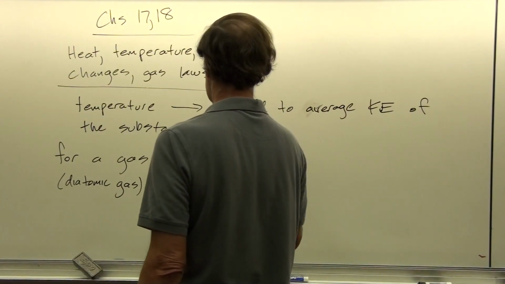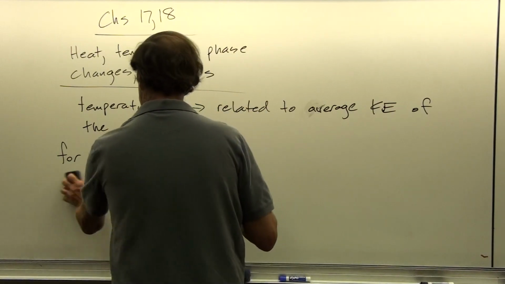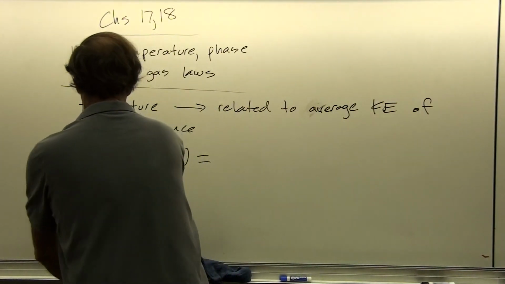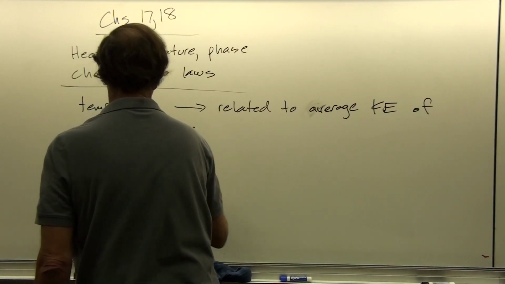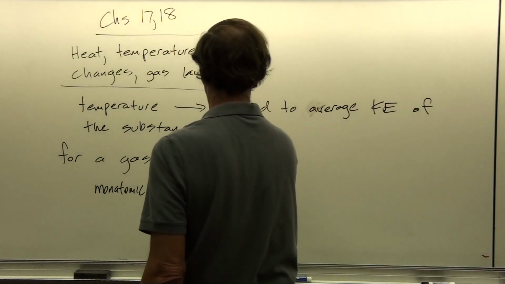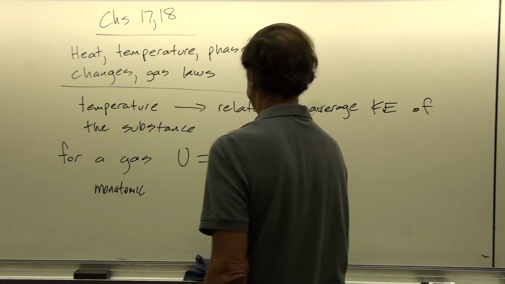Then U is equal to, this would be for monatomic, the degrees of freedom go like 3/2 kT.